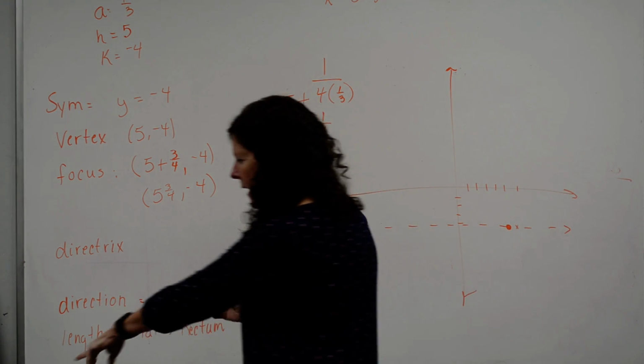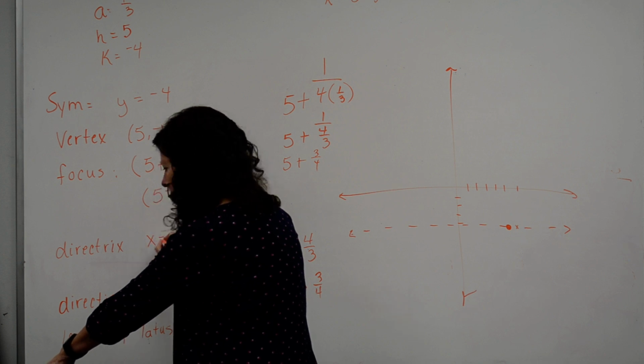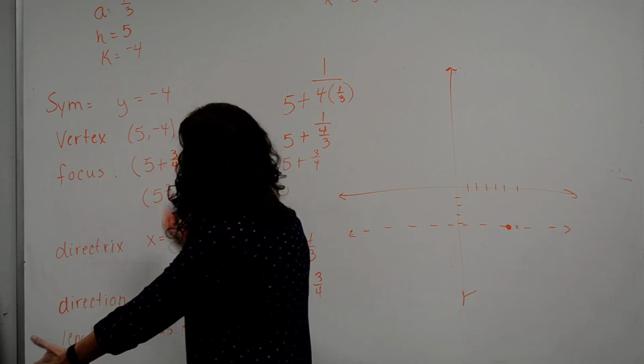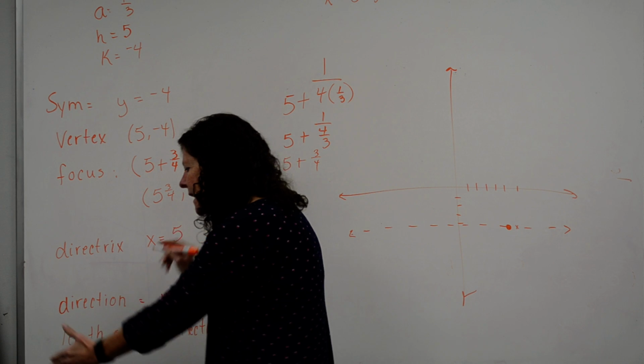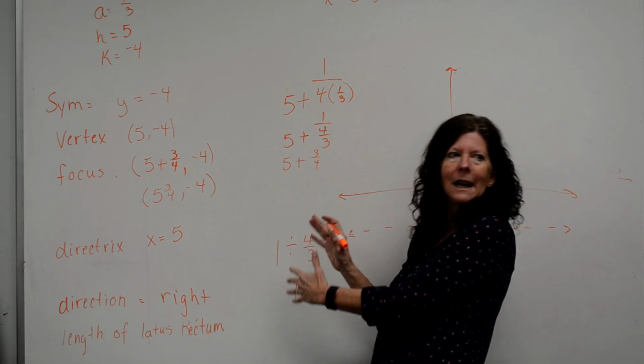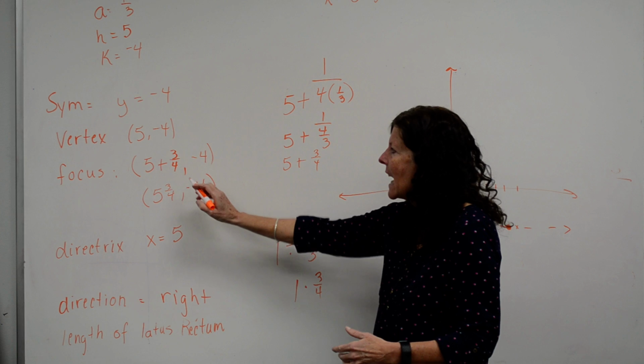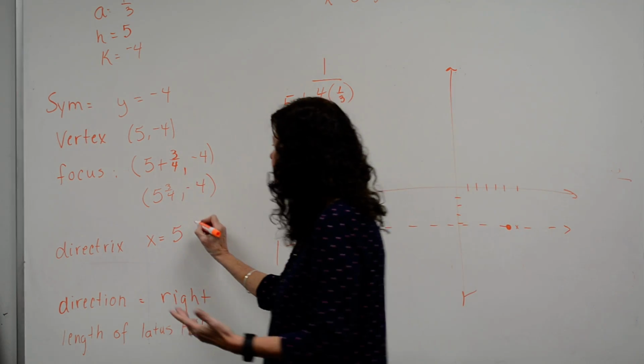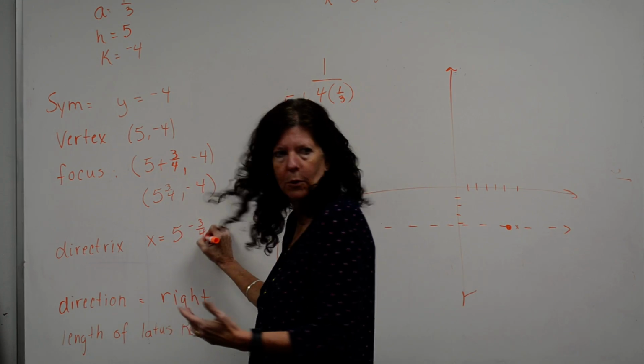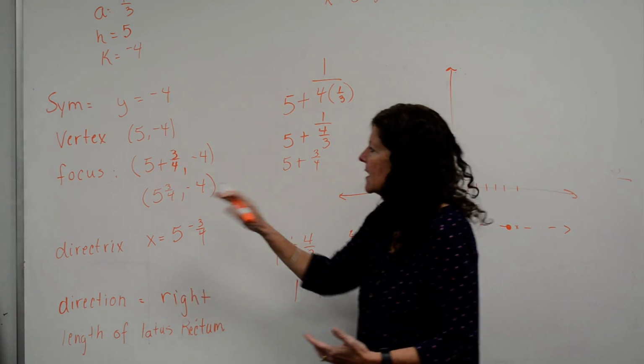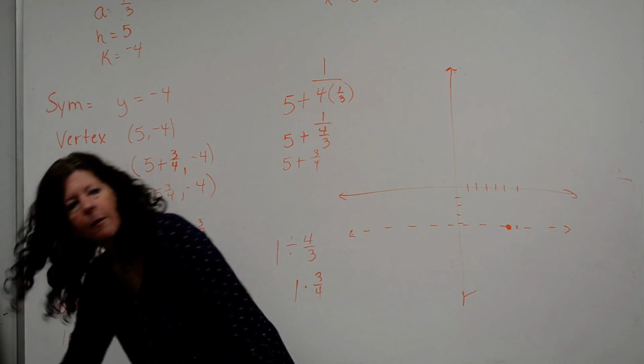Then my directrix, remember, here's my equation, is h, which is 5. But this time, it's going to be minus whatever I added to it. So it's going to be minus the 3/4, okay? Because it's minus 1 over 4a.